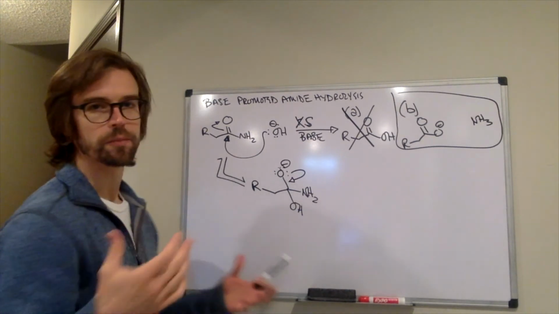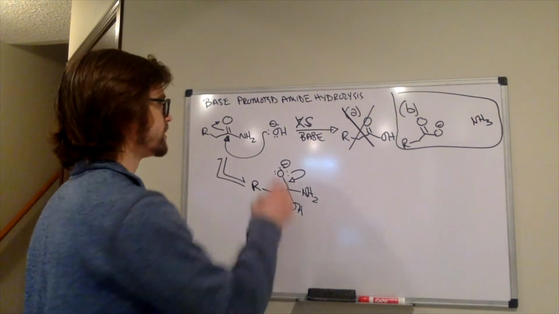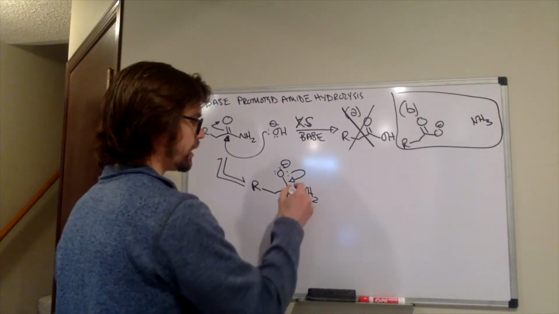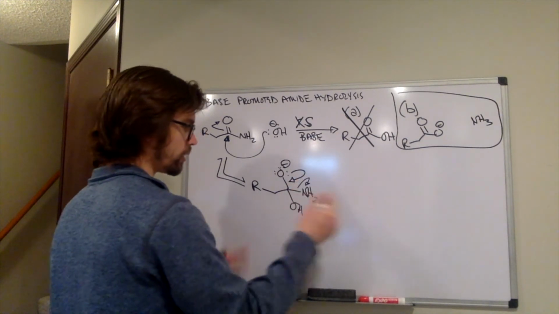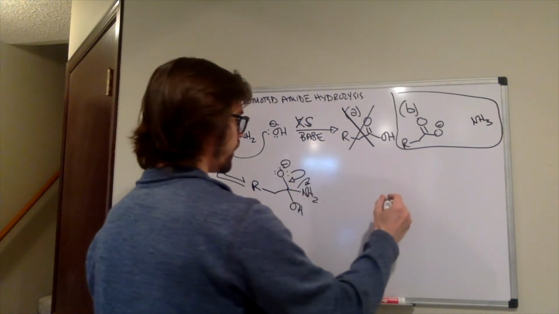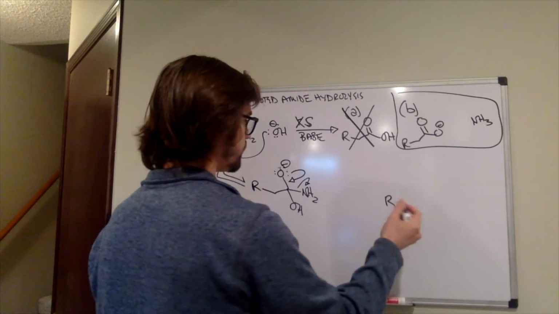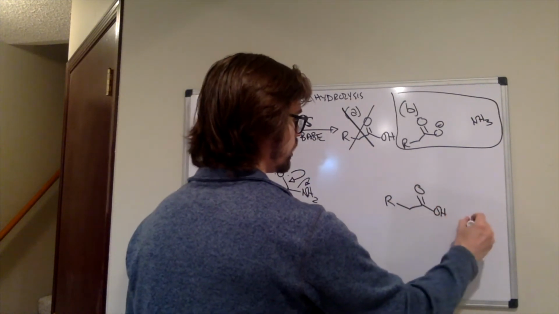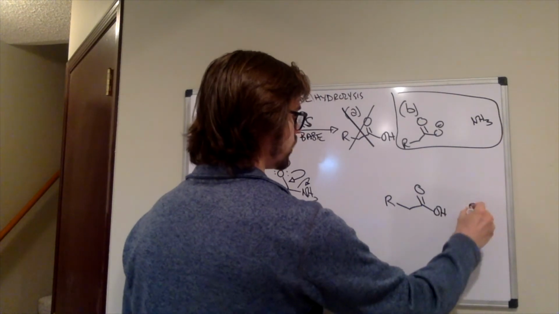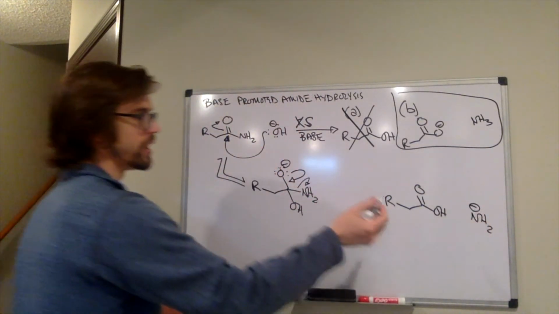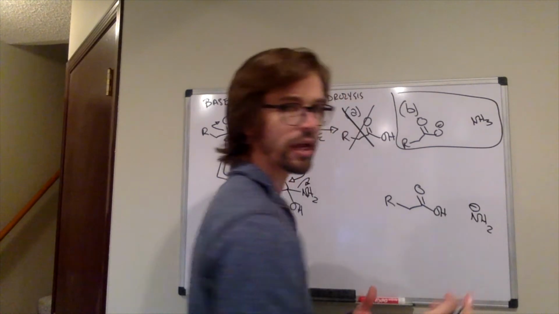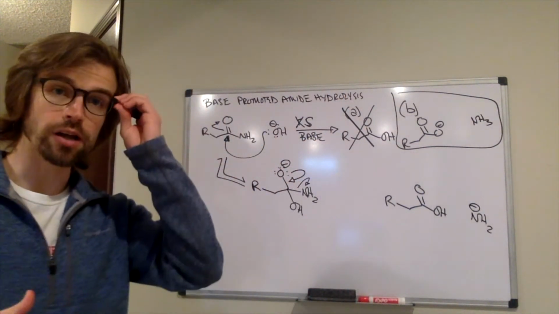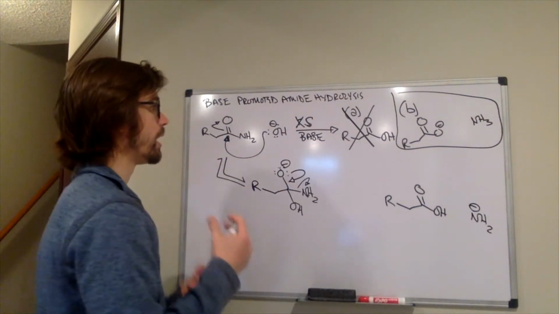And how can we compare the leaving groups? Well, we can compare the stability of OH minus, and just because we are going to look at what's over here too, we would compare the leaving group ability of NH2 minus. So what's more stable, OH minus or NH2 minus? We can look at the stability of those based on the pKa's of their conjugate acid.